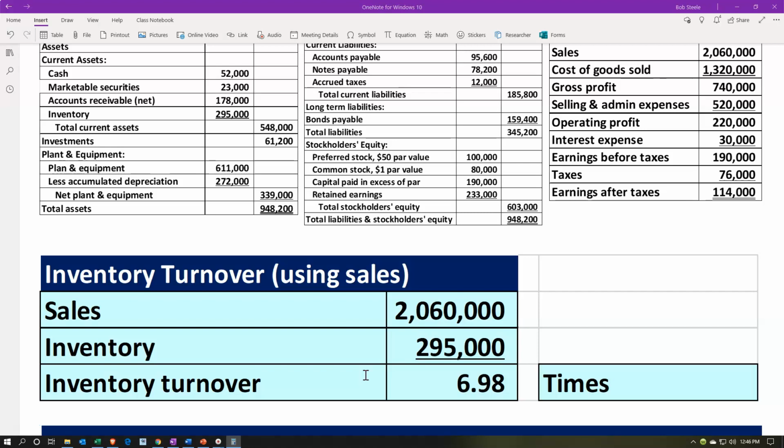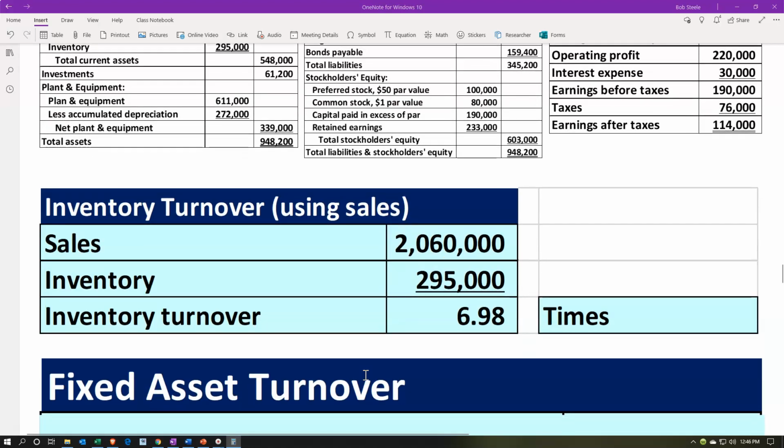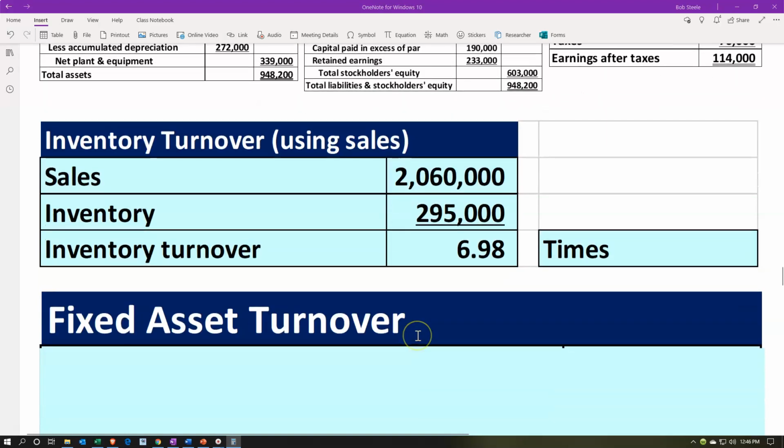So we'd want the inventory to be rotating through while still having enough inventory in case there's some kind of issue, like an increase in sales volume. So you got to balance that out to some degree. So there we have the 6.98. Is that good? Depends on industry standards. So we'd have to compare that to industry standards in terms of itself and our past performance and trends for ourselves compared to industry standards.